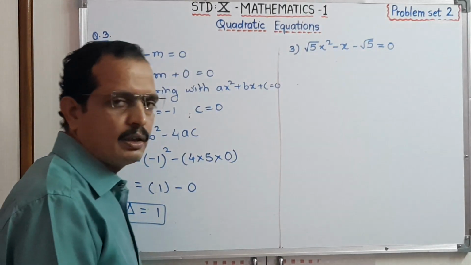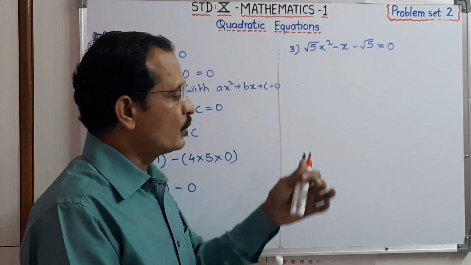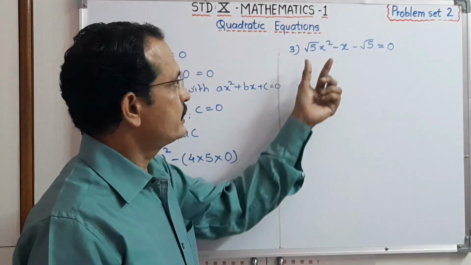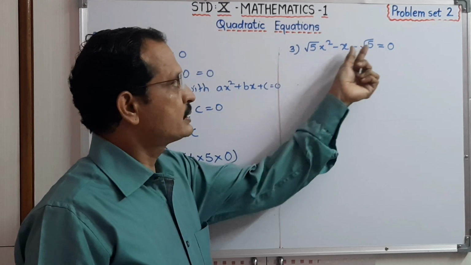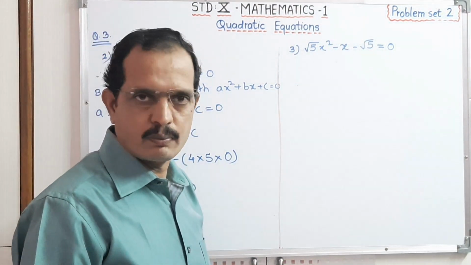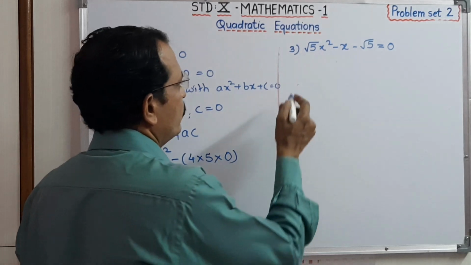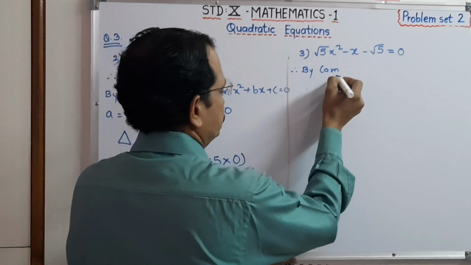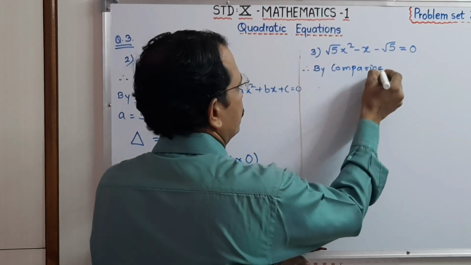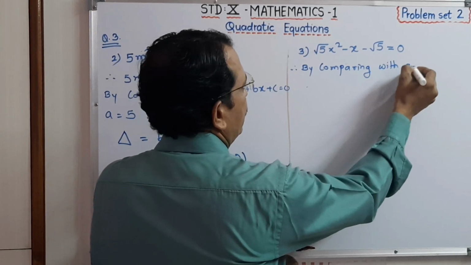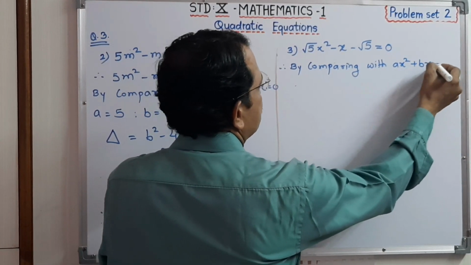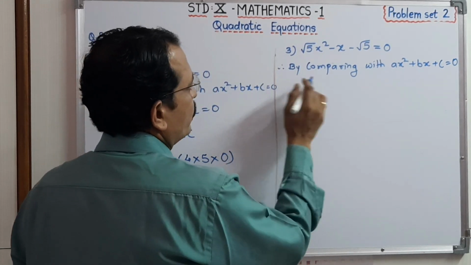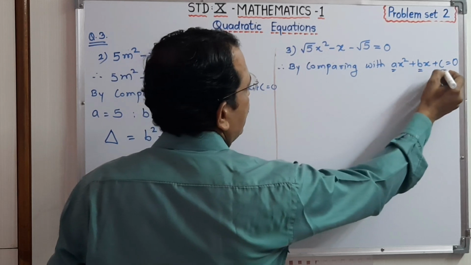Now see the third one. Here it is root 5 x square minus x minus root 5 equal to 0. In this case, it is already in the standard form ax square plus bx plus c equal to 0. Therefore, we have to compare with ax square plus bx plus c equal to 0 to find the values of a, b and c.